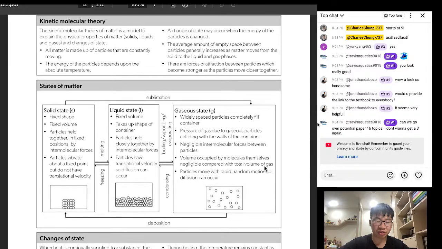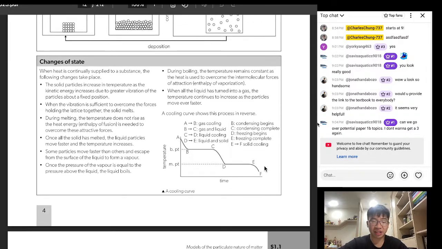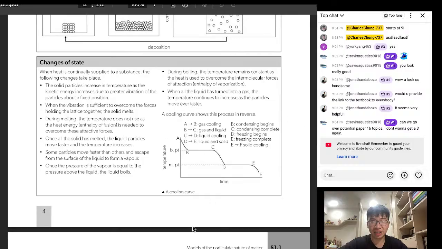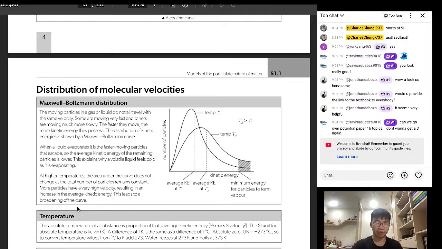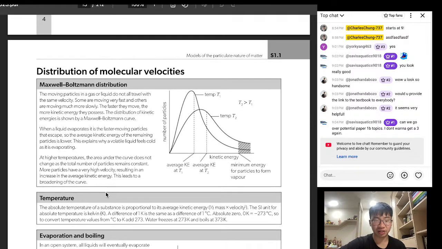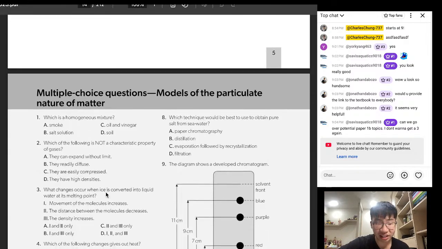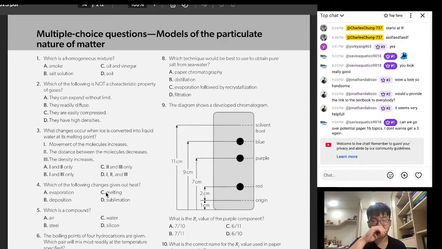Is it sublimation or is it deposition? And this chart right here, I think it will come up because it's not just used for the kinetic molecular theory, but for other things as well. And that connects to how the distribution of molecular velocities go. Oh, they also have the multiple choice questions here.